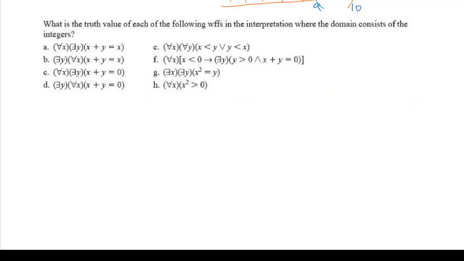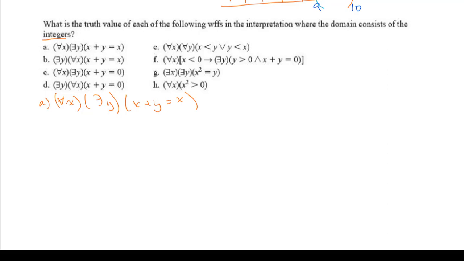Let's see this next example. What is the truth value of each of the following well-formed formulas in the interpretation where the domain consists of integers? So x and y would be integers. For A, for example, we have for all x, there exists y, x plus y equals x. So you could stop the video and think about it. For any integer x, there is some y, there is one y, that if I do x plus that y, it will give me x.